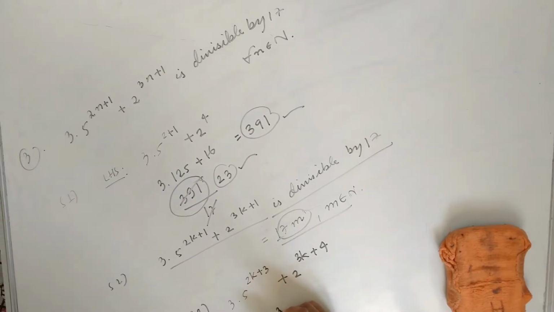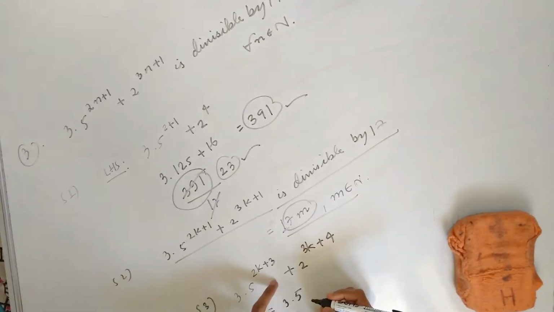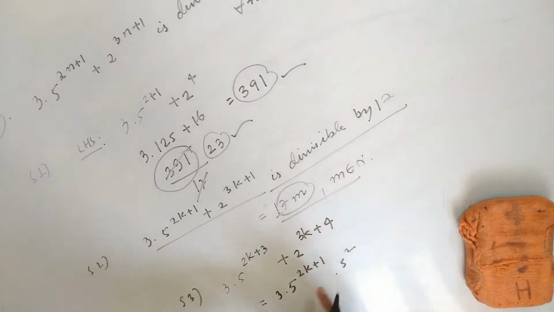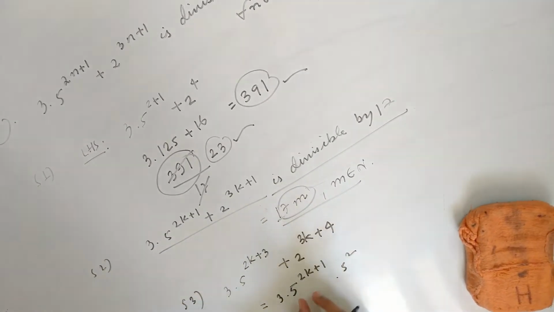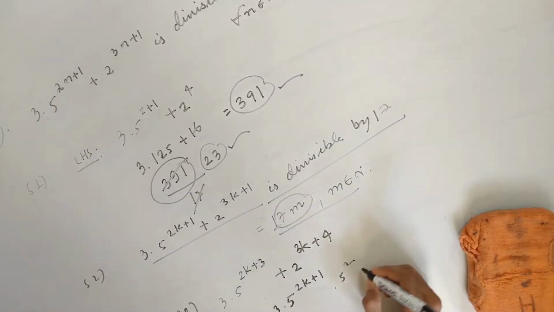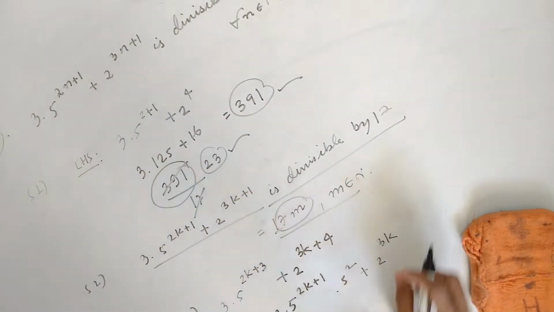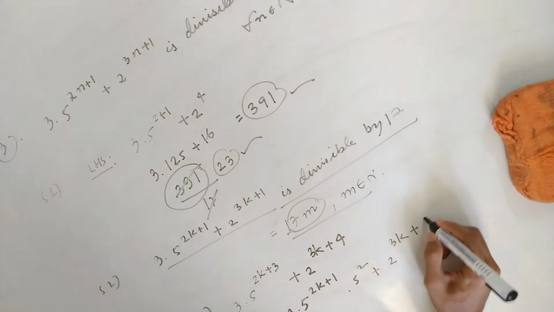So this is 3 into 5 power 2k plus 1 into 5 square, since a power m into a power n is a power m plus n. So 5 power 2k plus 1 into 5 square is the same as 5 power 2k plus 3, plus 2 power 3k plus 4.